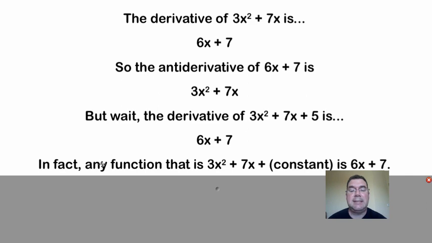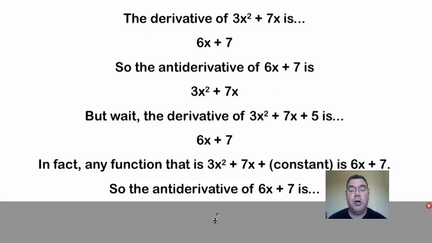And in fact, if I take the derivative of any function that is 3x squared plus 7x plus some constant, I'm going to get 6x plus 7 because the derivative of that constant would be 0. So what is the antiderivative of 6x plus 7? I've got to take into account all of those functions that start off with 3x squared plus 7x plus some constant.